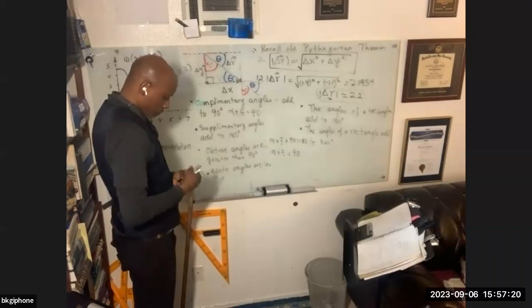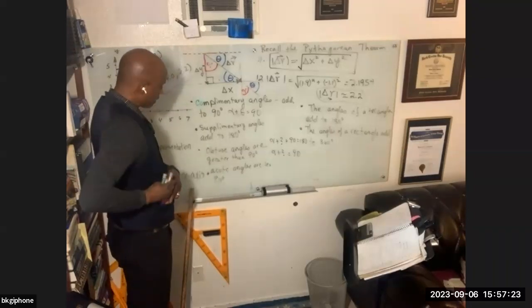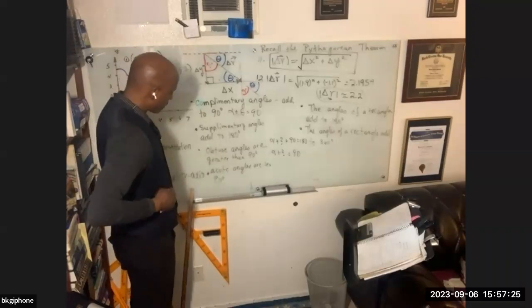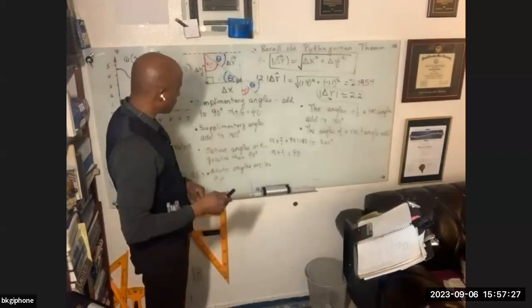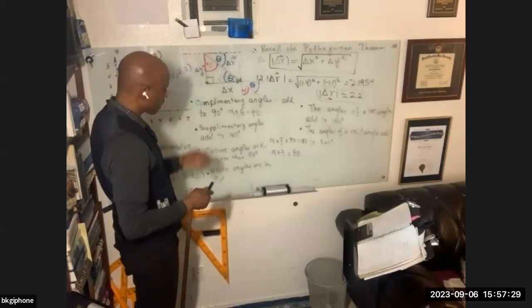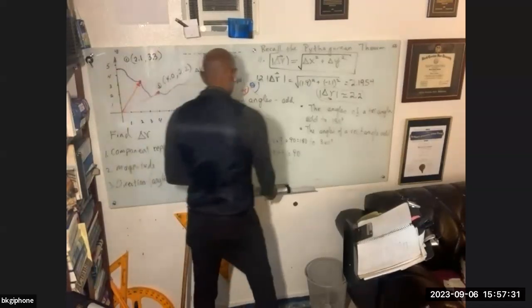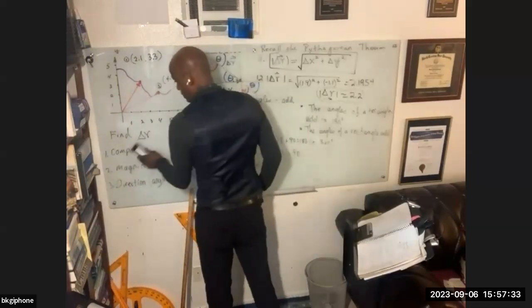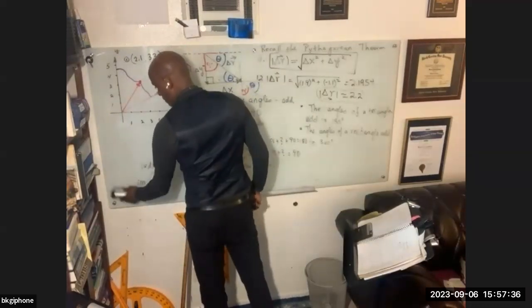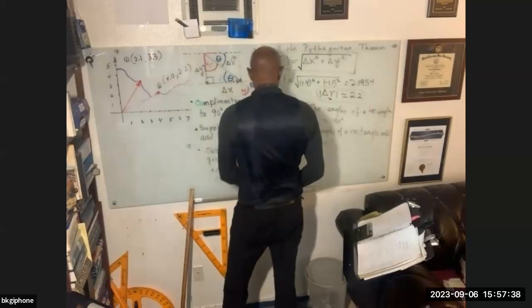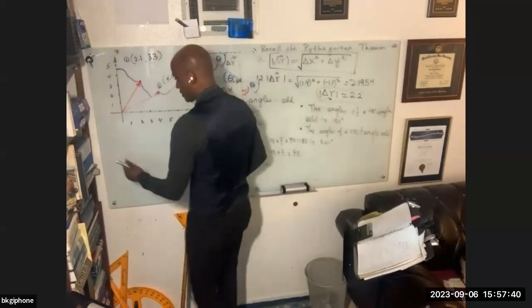So the sine is defined as opposite side over hypotenuse for a right triangle. Cosine is adjacent over hypotenuse and tangent is opposite over adjacent. So the general definitions here are the following.